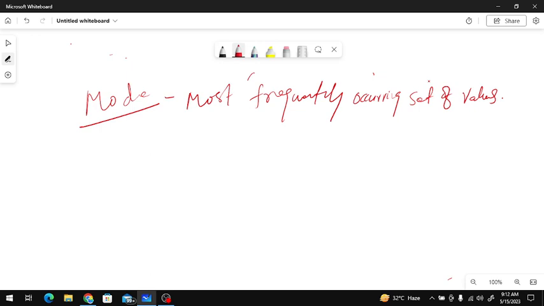So it primarily becomes useful when your data is repetitive and you want to find which value occurs the most frequently.